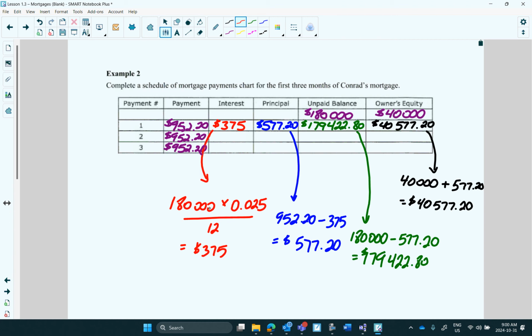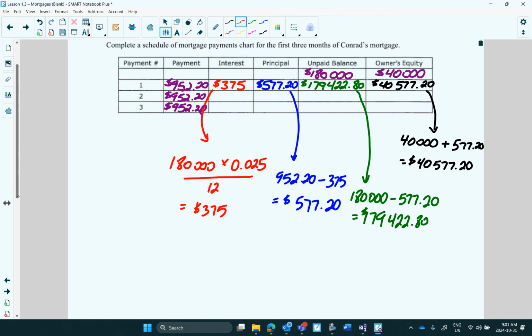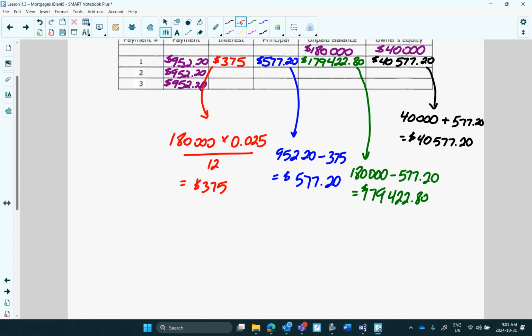And now we've got to repeat the same thing for the next two payments. But remember, how much is his loan now? It's this amount, right? It's no longer 180,000. So when we calculate the red, we're going to use 179,422.80 to figure out how much is going towards his interest. So for the interest for this month, his loan is now down to 179,422.80.